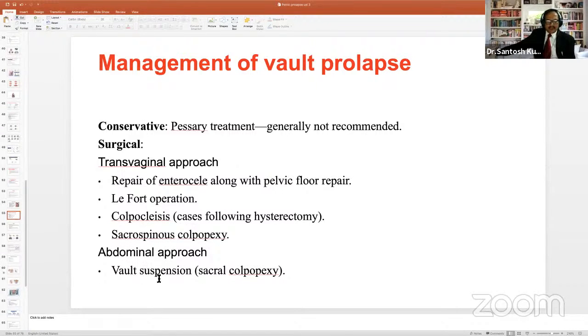Abdominal approach is vault suspension. So vault prolapse can be managed through the vagina or abdomen. But nowadays, the most common practice for vault prolapse is sacrocolpopexy by laparoscopic and robotic means.